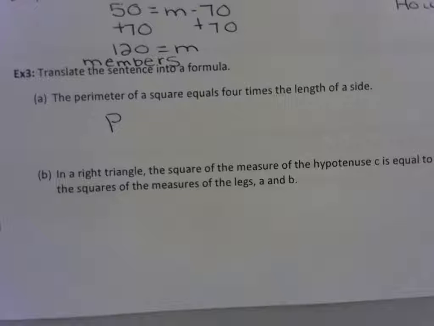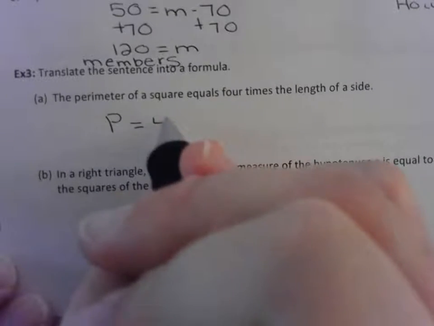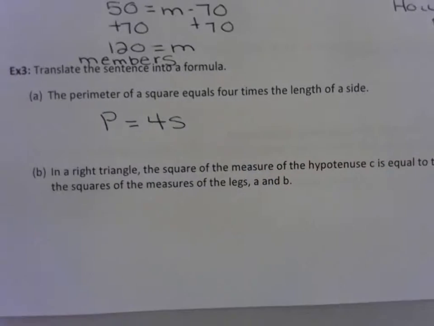It's the perimeter of a square, so square is just representing a shape. The perimeter of a square equals 4 times the length of a side. P equals 4x. Yep, that works. The perimeter equals 4 times s, if s is the length of a side.